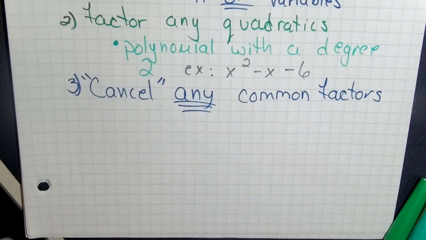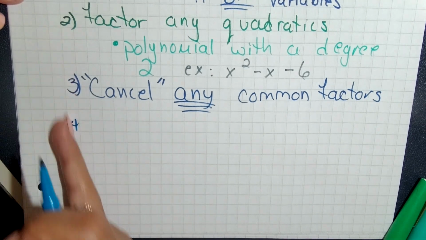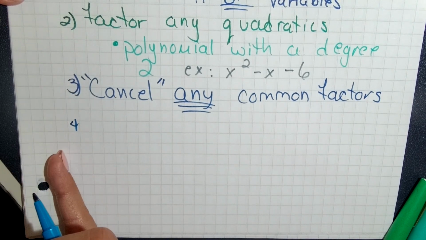If there's 3 common factors, you cancel all 3 of them out. Remember, the common factors could be numbers or binomials. Binomials are the 2 terms in the parentheses. So from here on out is just everything that we've done in level 2.